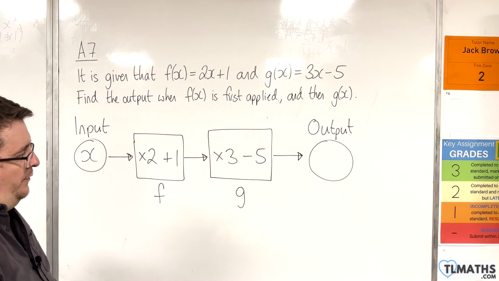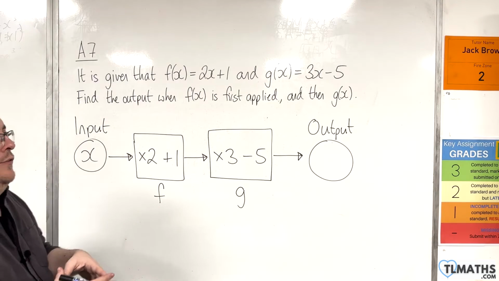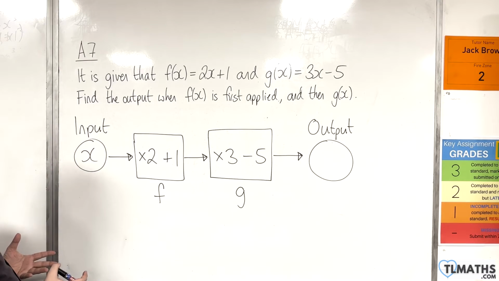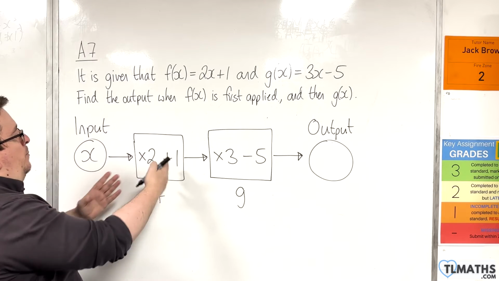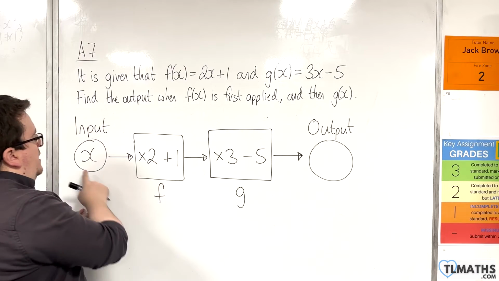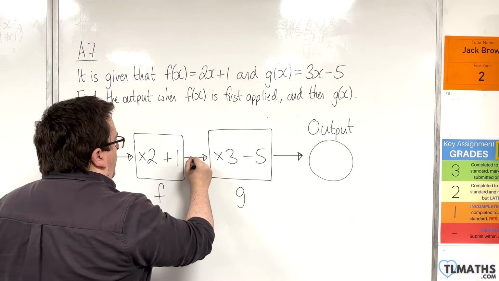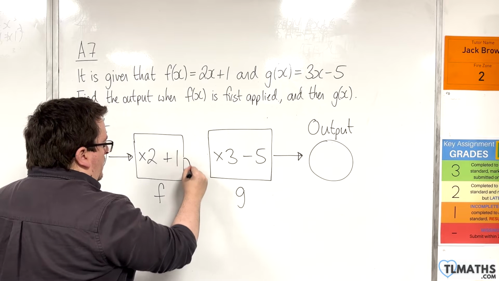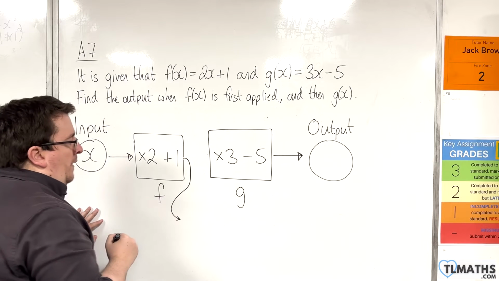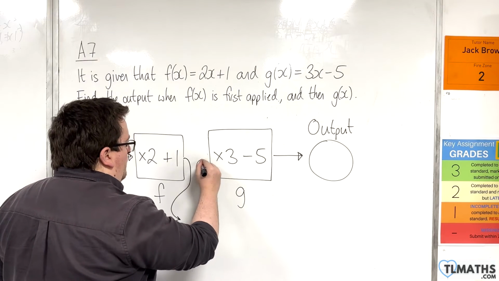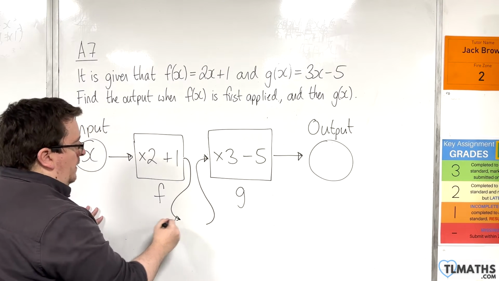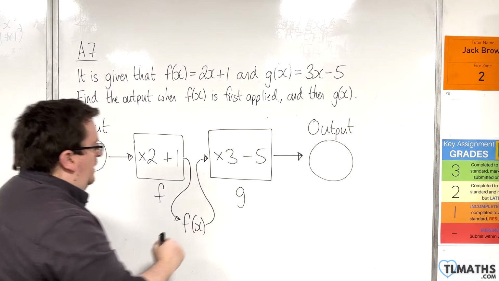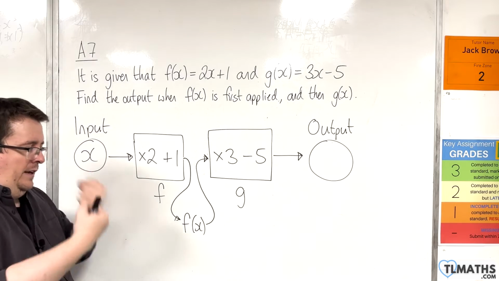Now, with function notation, we can write this quite succinctly. Imagine that I break this apart. I take a look at what I get out first before I put it back in. x goes through, and what I get out looks like f of x.